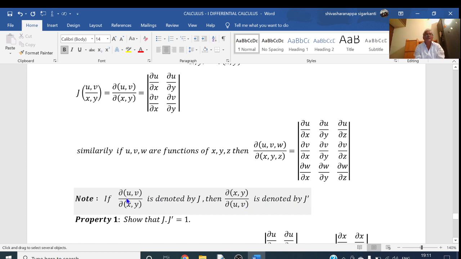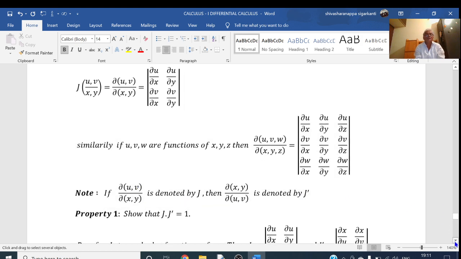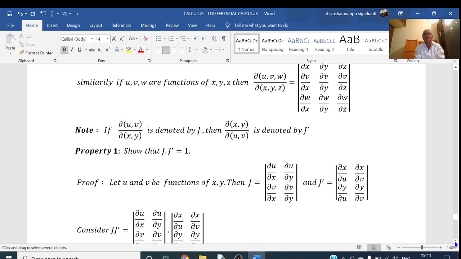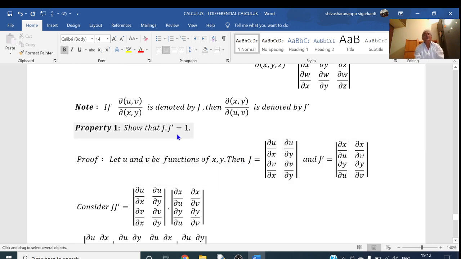Okay, so J is ∂(u,v)/∂(x,y), then J dash is ∂(x,y)/∂(u,v). One small theorem is there: show that J J dash is equal to 1. To prove this, let u and v be functions of x and y. Then J is defined as first row partial derivatives of u, second row partial derivatives of v with respect to x and y.